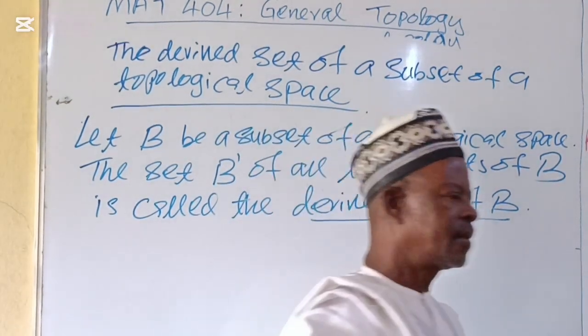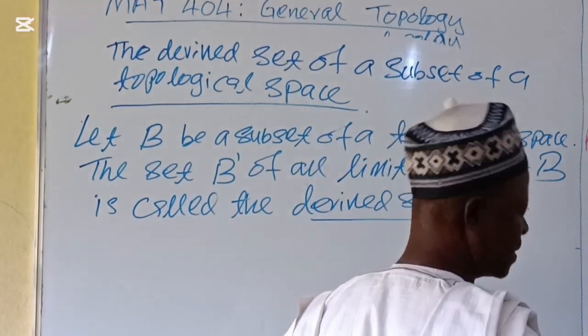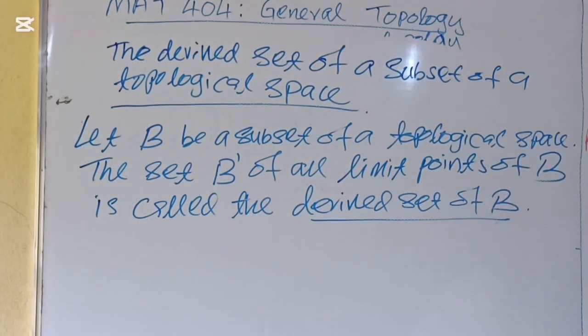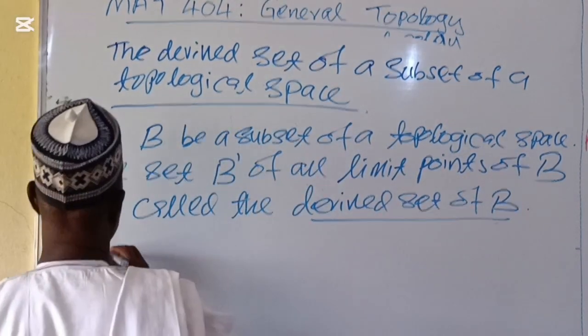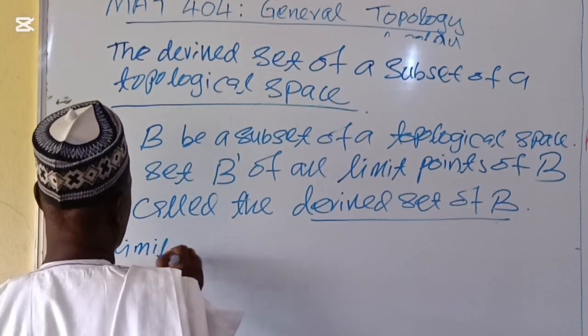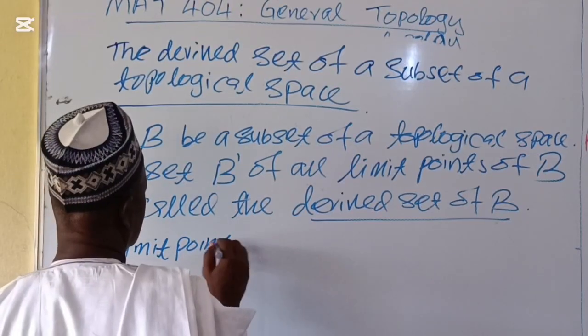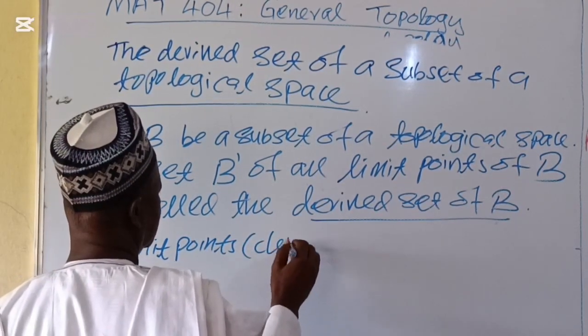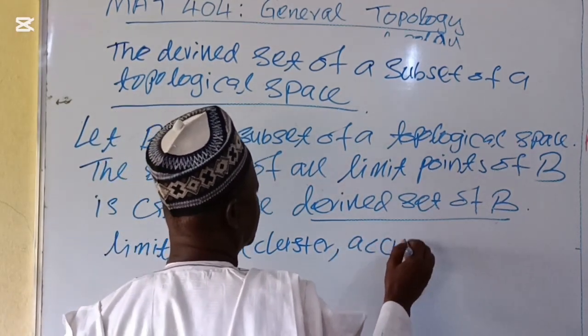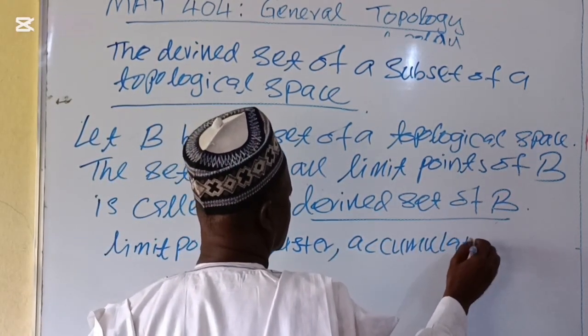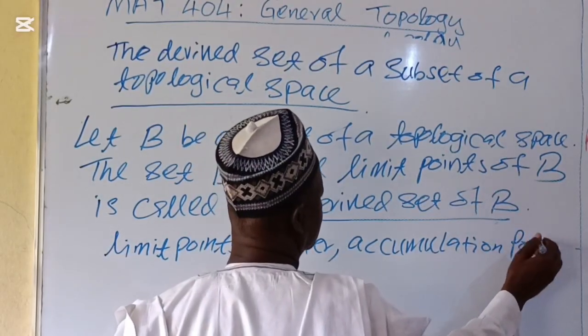So normally we represent it as B dash, isn't it? B dash is the set of all limit points. Another name for limit point is cluster point. Some call them limit points, some call them cluster or accumulation points.